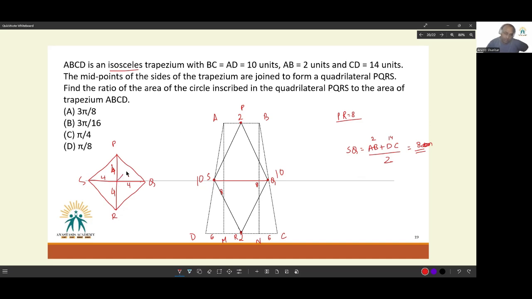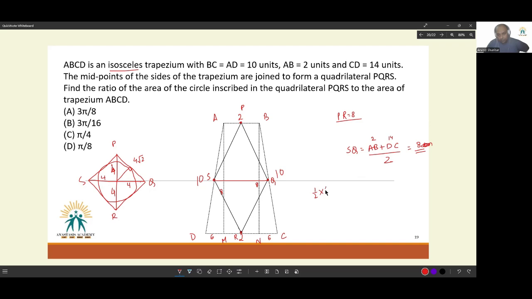The circle that gets inscribed here will be like this. It will be tangential to this side. This is a right angled triangle. This is 4. This is 4. So this will be 4 root 2. Can I get to this radius?